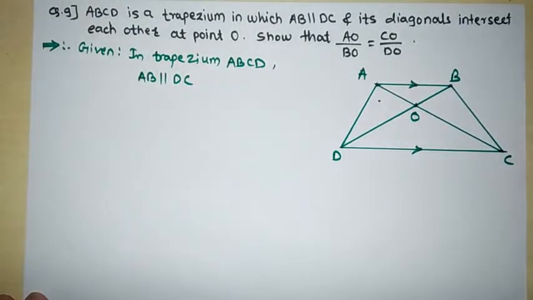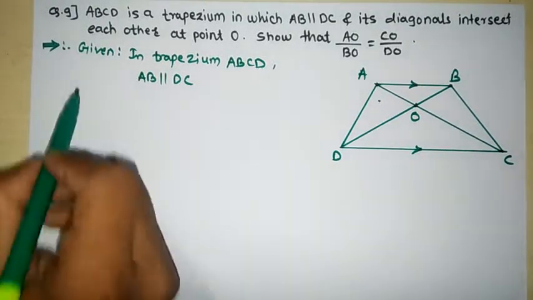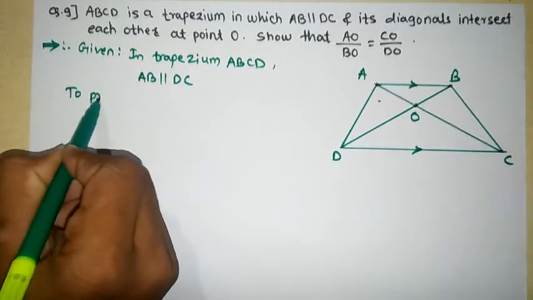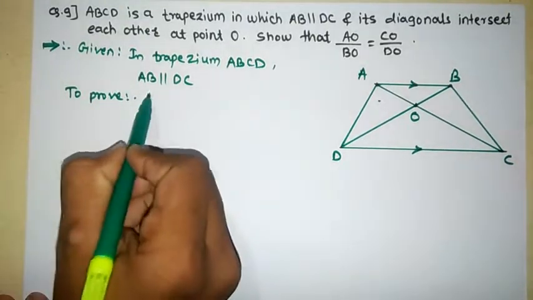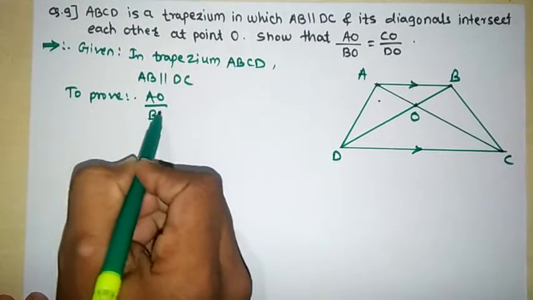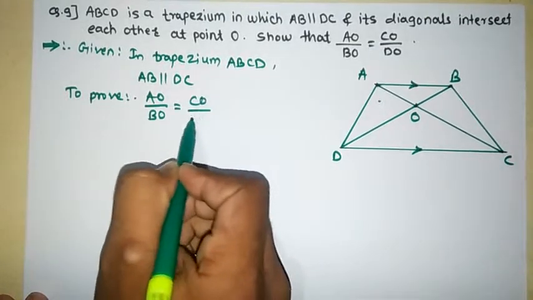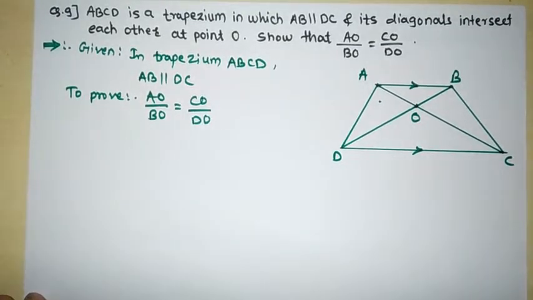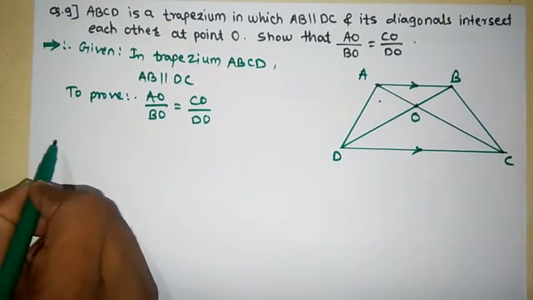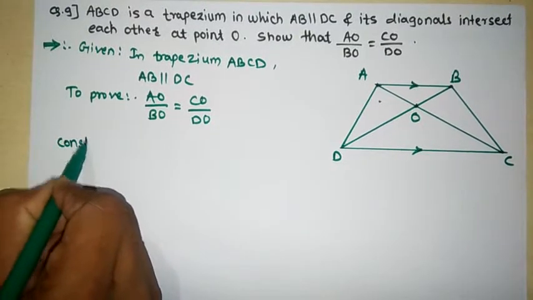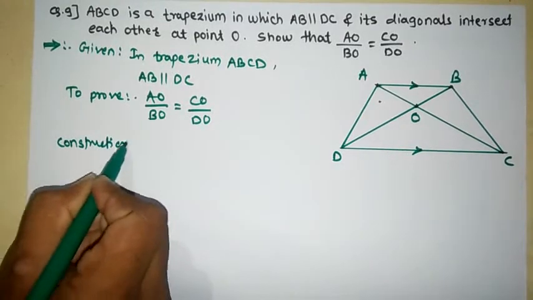Side AB is parallel to DC is given. To prove: AO divided by BO is equal to CO divided by DO. To prove this, here we need one construction. See here, what construction we need here. Construction.